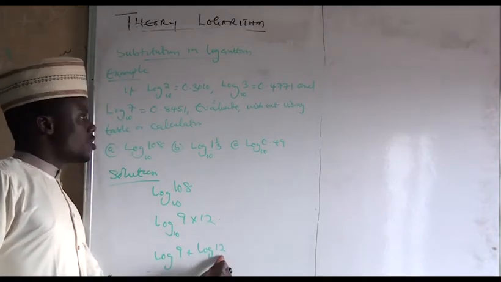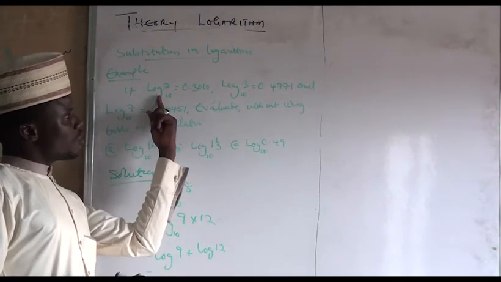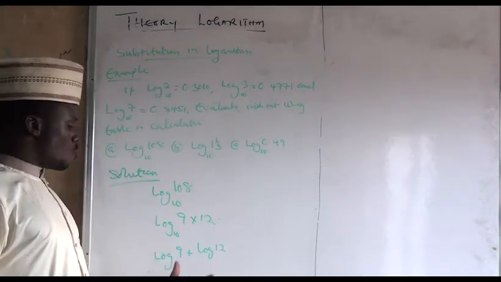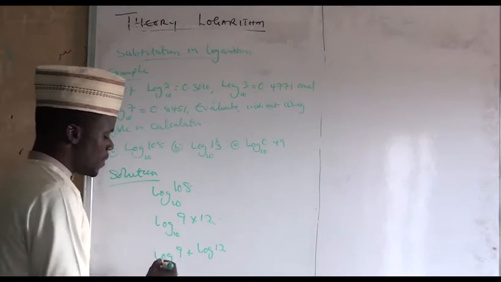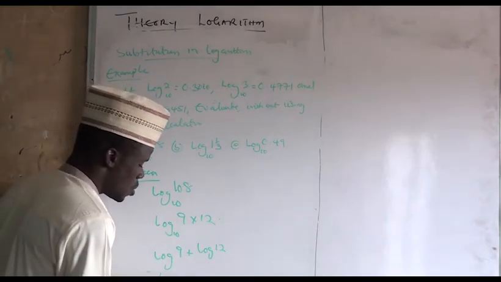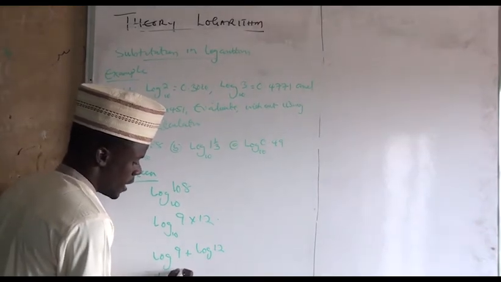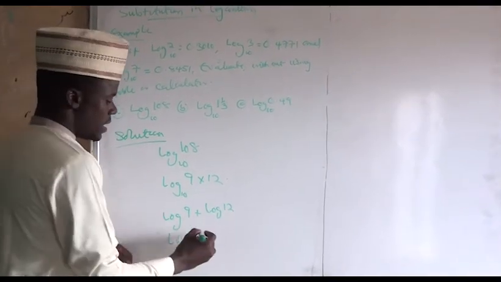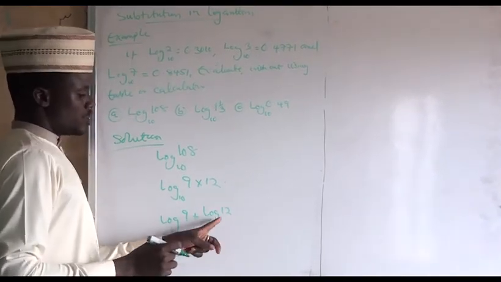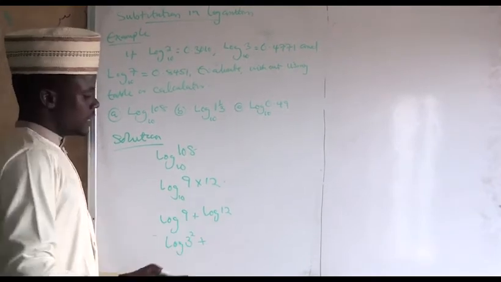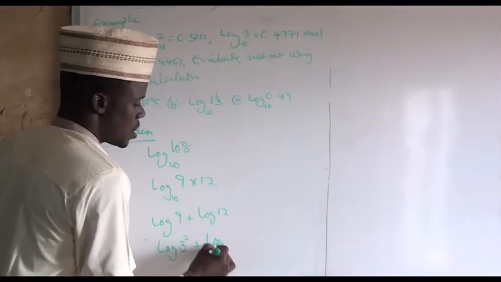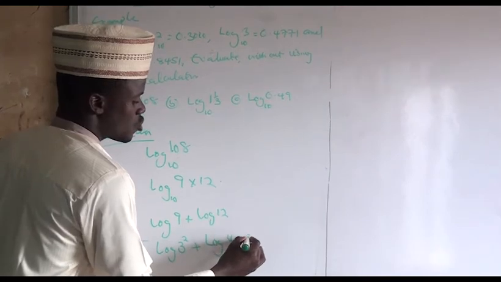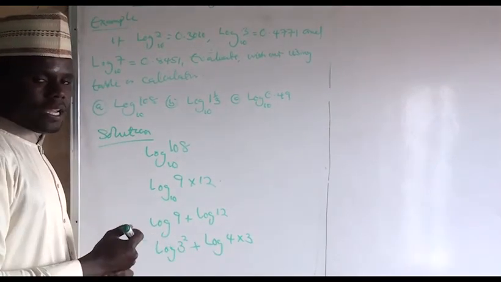Here is log 9, here is log 12, but here we don't have log 9 or log 12. So we have to go for that. That is, here we can say log 3 squared, which is 9. Then here we can say plus log 12. That is, we can say log 4 times 3. Also, we have to break it up.